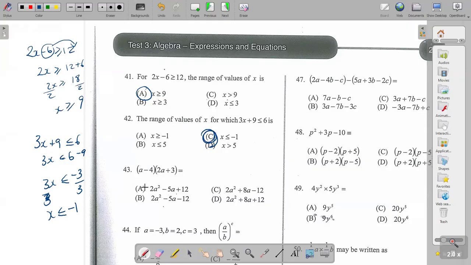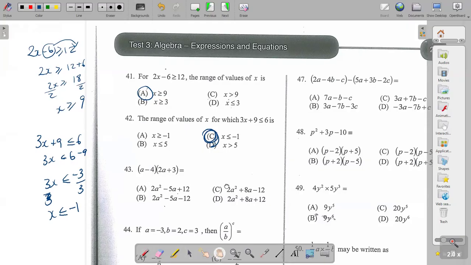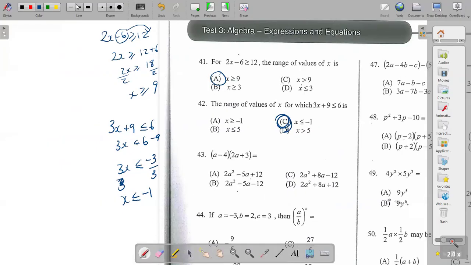Here we're just multiplying out brackets. So we have A minus 4 times 2A plus 3. So do what I taught you, split the first bracket into 2. So it's going to be A times the bracket, negative 4 times the bracket. So let's write down A times 2A plus 3. And then negative 4 times 2A plus 3.